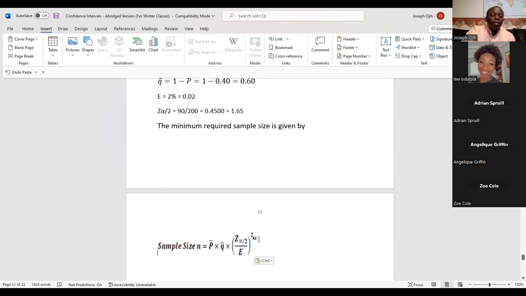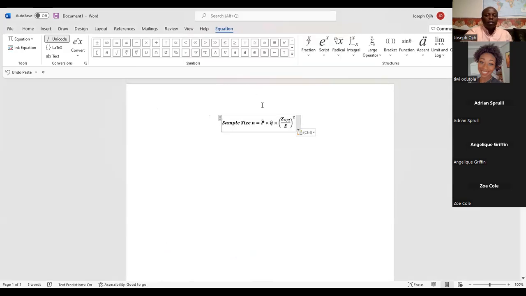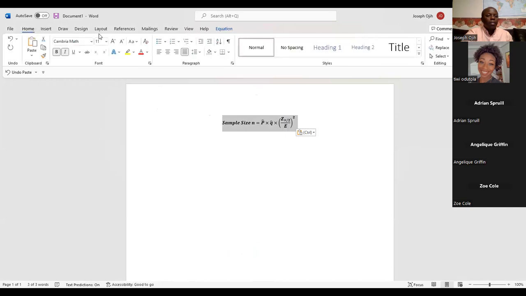So let me take it to the workbook where it will allow us to put this into the formula. Okay, taking you to that workbook. It's not there, so make it a little bigger.